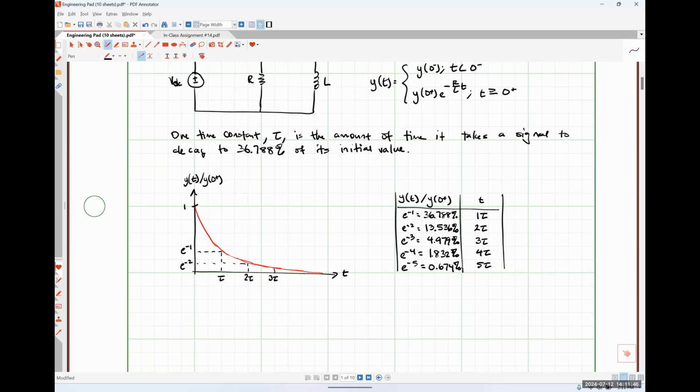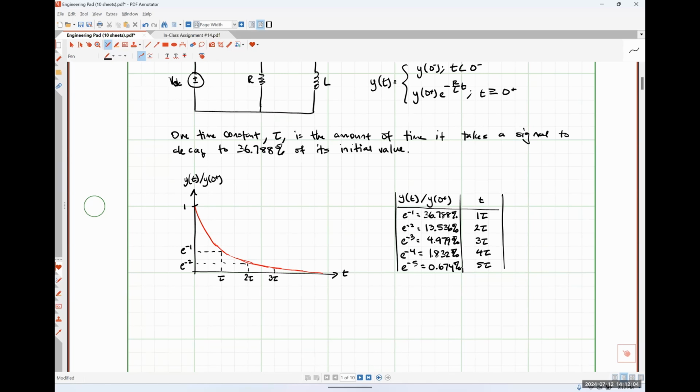So in Wednesday's class meeting, I referred to t equals infinity as a long time after our switch had changed states so that our transient condition had died out.